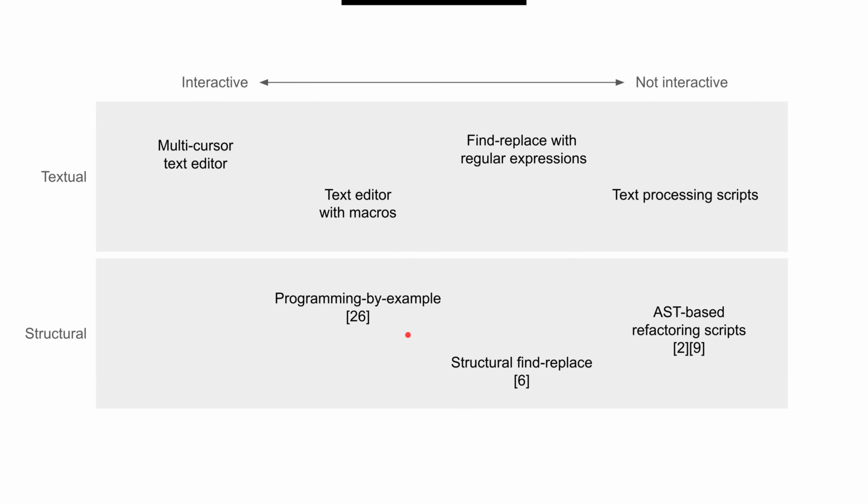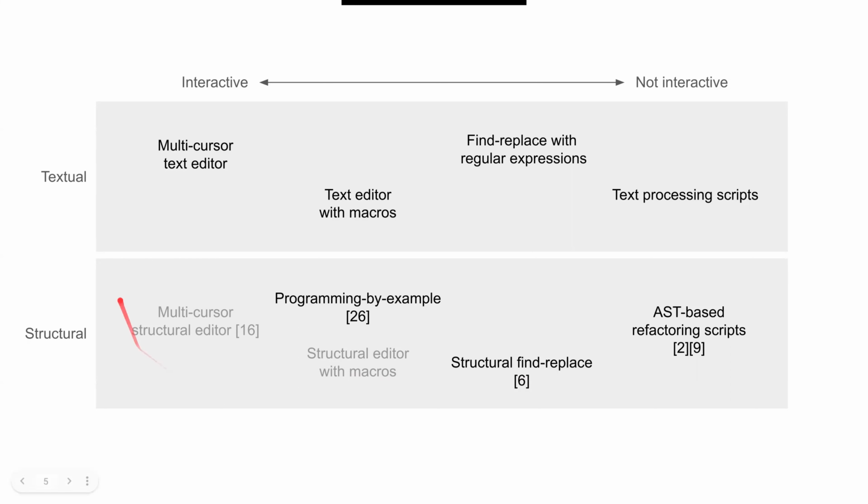However, there is programming by example, where the user performs an edit in one location, and the system infers how to replay that edit in the other locations. But multi-cursor structural editors and structural editors of macros, the analogs here, have not been researched much at all.